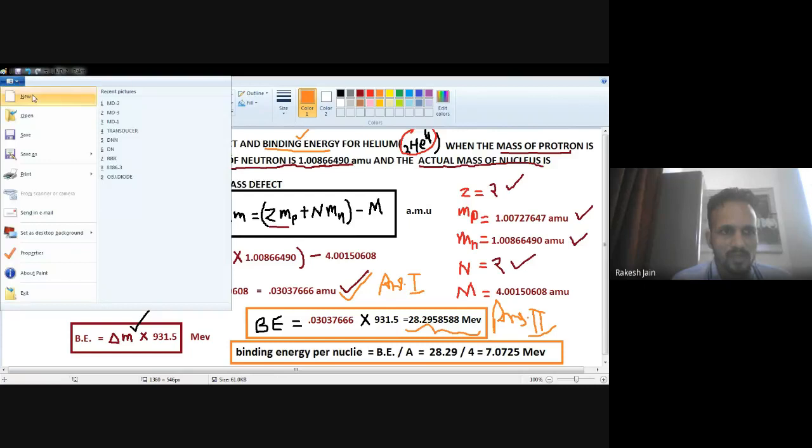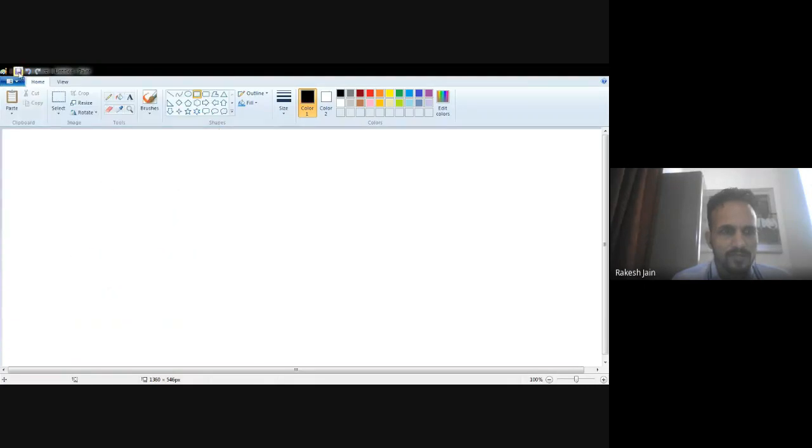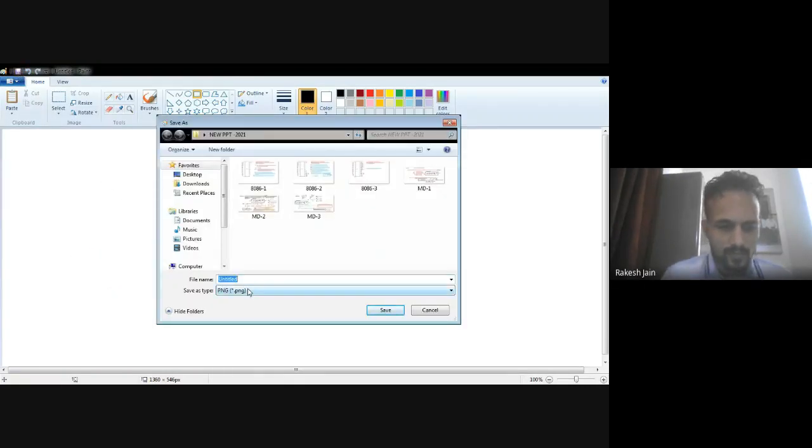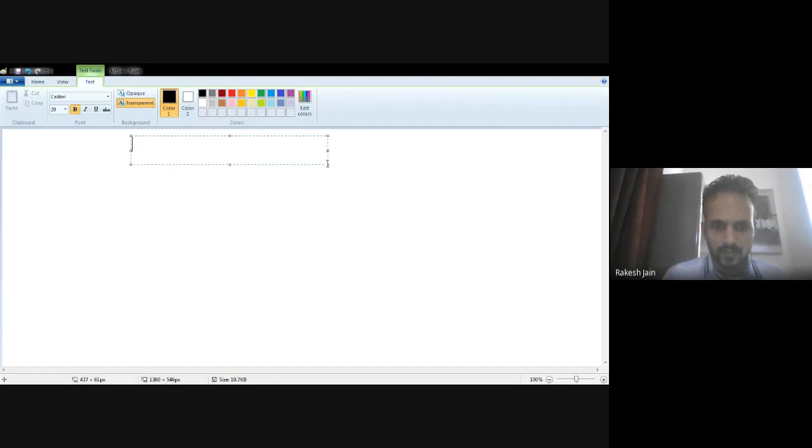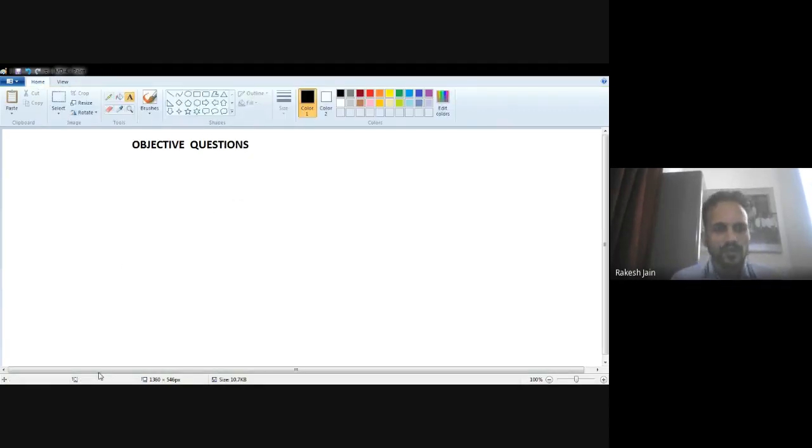See in this new slide. First of all, the frequently asked questions are related to the general formula: which one is the correct representation of the binding energy?